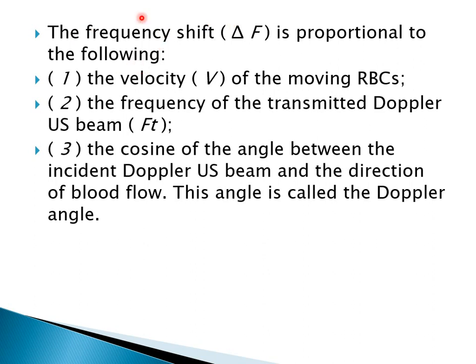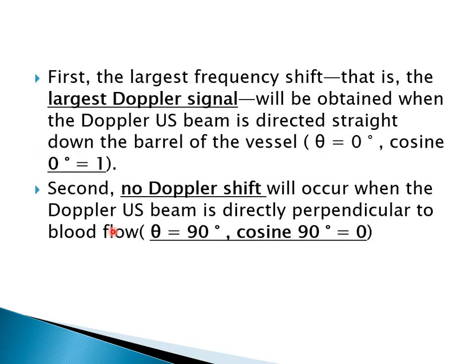From this equation, we know that the frequency shift is proportional to the velocity of the moving RBCs, the frequency of the transmitted Doppler ultrasound beam, and the cosine of the angle between the incident Doppler ultrasound beam and the direction of the blood flow. The angle is called the Doppler angle. The largest Doppler signal will be obtained when the Doppler angle is 0.